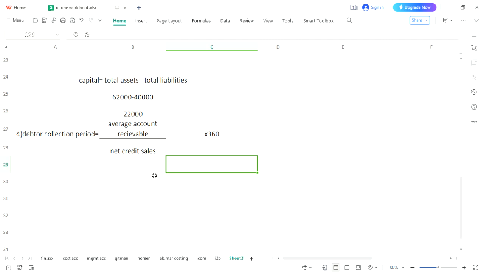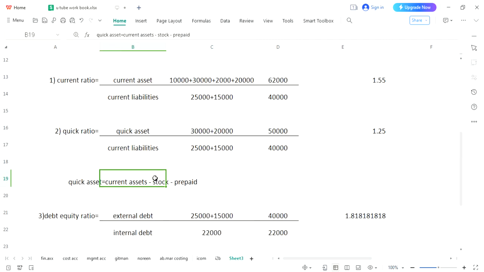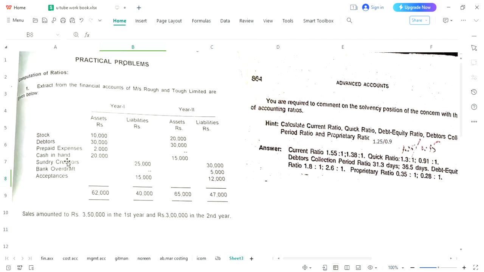So here first we will see account receivable, and we do have debtors over here 30,000. These are debtors 30,000 and nothing else is given as account receivable. As you can see, stock, debtor, prepaid and cash, only debtors are given, no other account receivable are present.